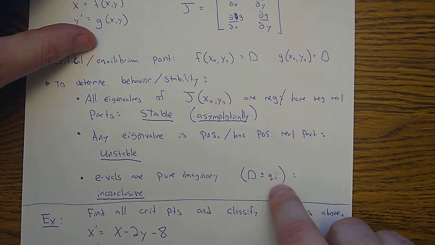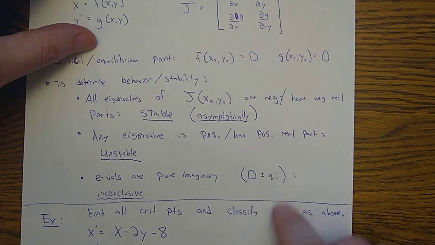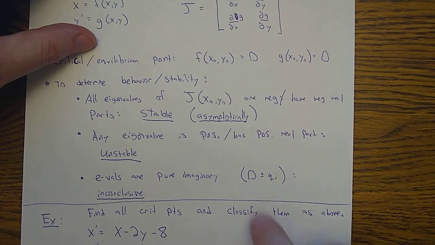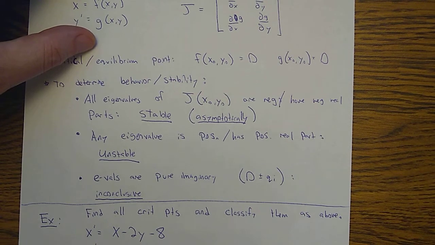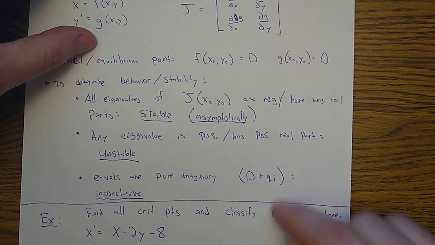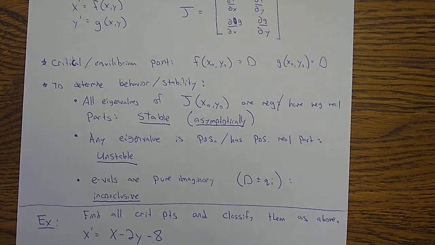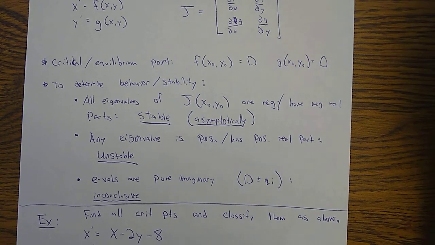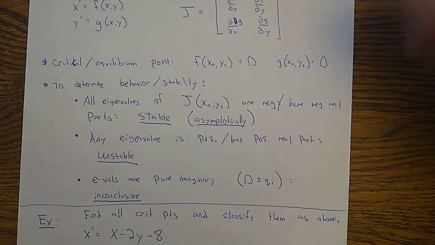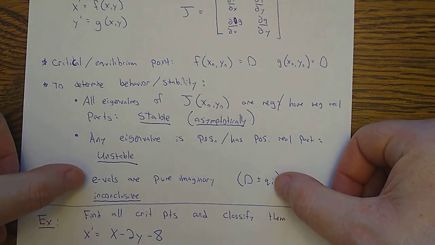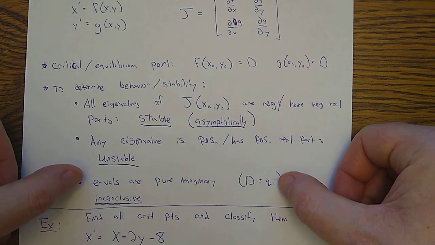It's stable in the sense that it's not moving away from the critical point. It's just circling around and around. But it isn't asymptotically stable in the sense that it's also not getting closer and closer to the critical point. It's staying roughly the same distance. That's what would happen if you were in this case and it were perfectly linear.